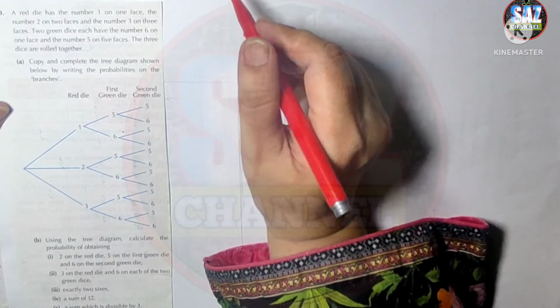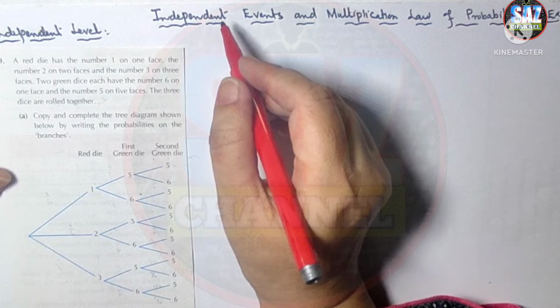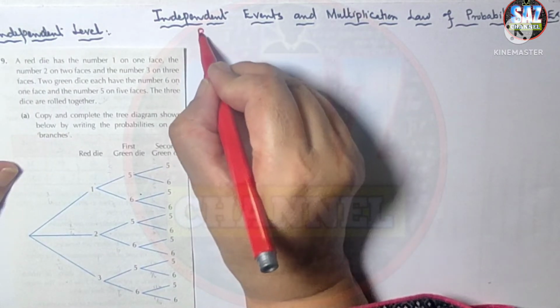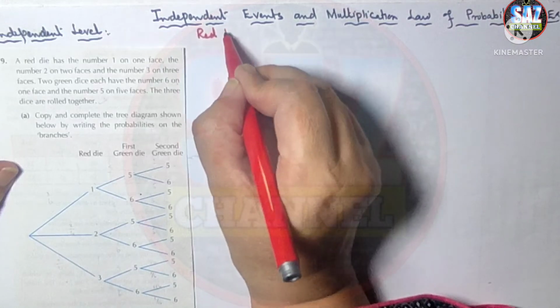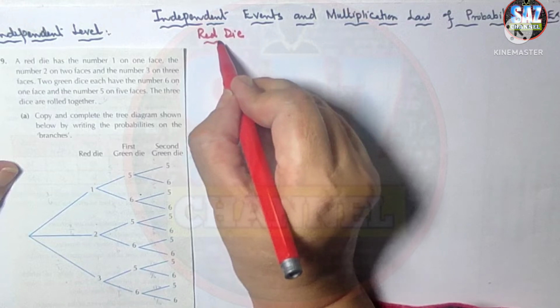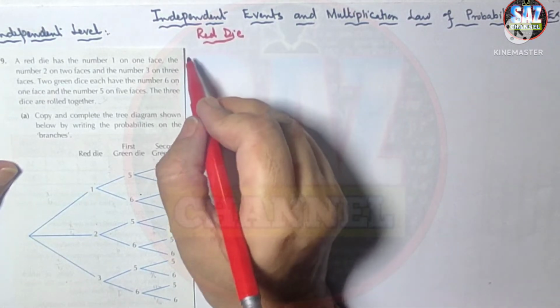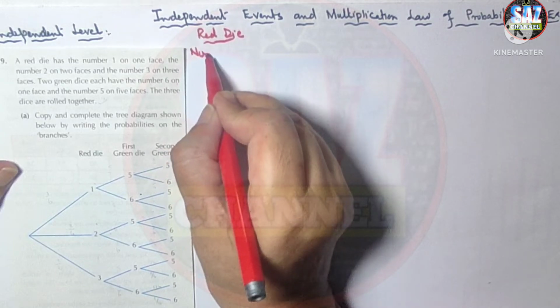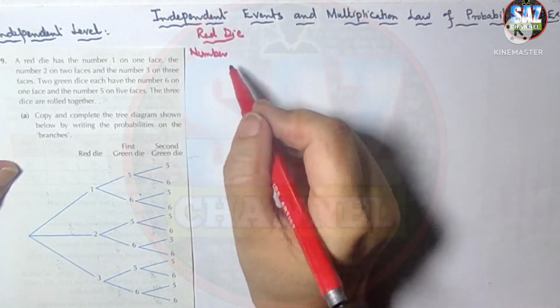Okay, so we have a red dice. Data for the red dice: there are some numbers and faces.